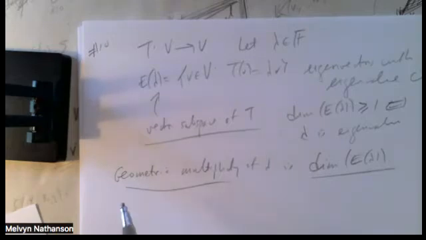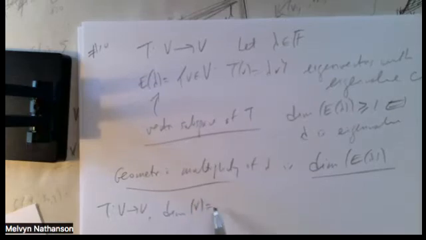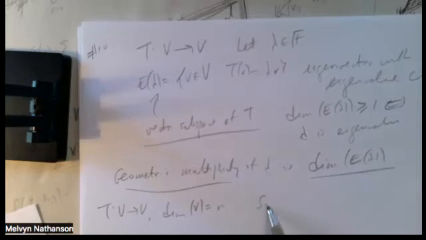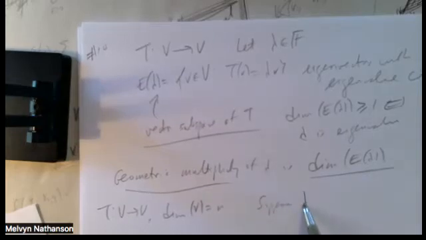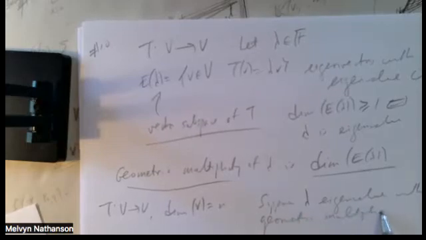So in problem 10, we have a linear operator from V to V. V is a vector space of finite dimension n, and suppose lambda is an eigenvalue with geometric multiplicity n.